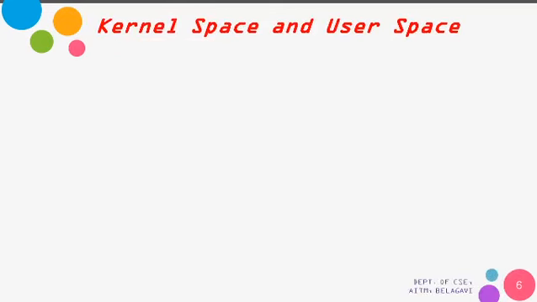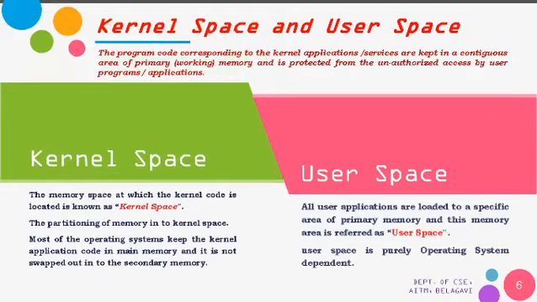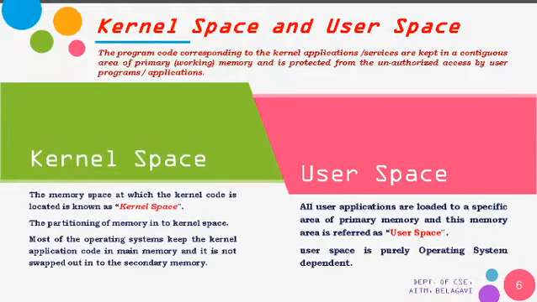Now going to the kernel space and user space, we'll see what is this kernel space and user space. So usually the program code corresponding to the kernel applications or services is kept in an area of primary memory, and it is protected from unauthorized access by user programs or applications here. So this program code corresponding to the kernel application or services needs to be protected here. So what is meant by kernel space? The memory space at which the kernel code is located is known as the kernel space here.